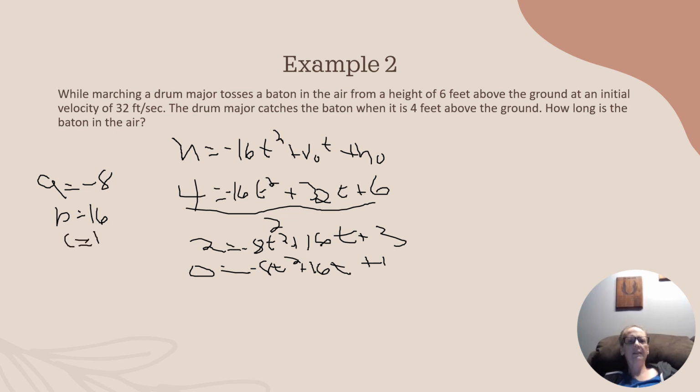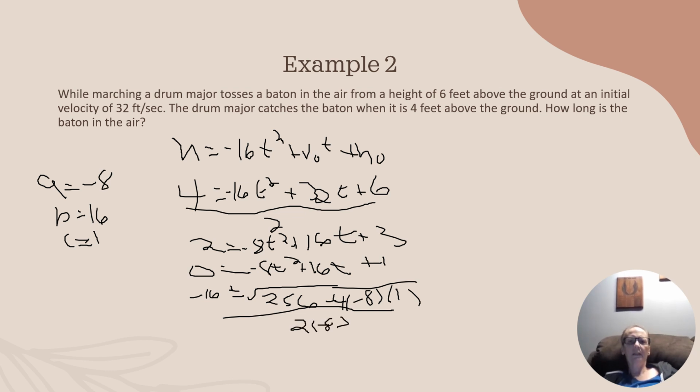So I have t equal to negative b, which is negative 16, plus or minus the square root of b squared, 16 squared, which is 256, minus 4 times a, which is negative 8, times c, which is 1, all over 2 times negative 8.